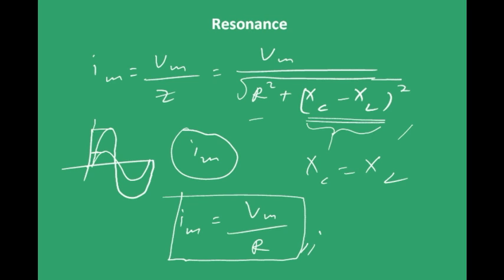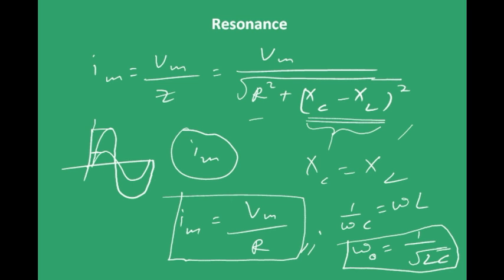Okay, what is XC? I know that it is 1 by omega C. And what is XL? I know that it is omega L. So if my omega is equal to 1 by root LC, then I'll get the resonance condition. And this particular frequency, denoted by omega naught, is known as the resonant frequency, which is equal to 1 by root LC.